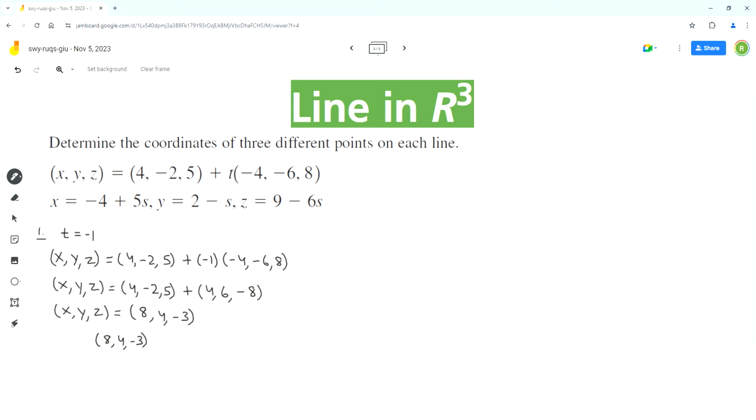Now we can find the second point that lies on this line, and for that we can use the t value 0.